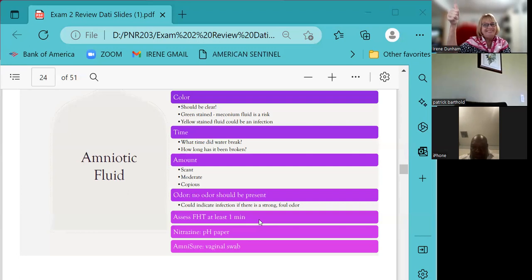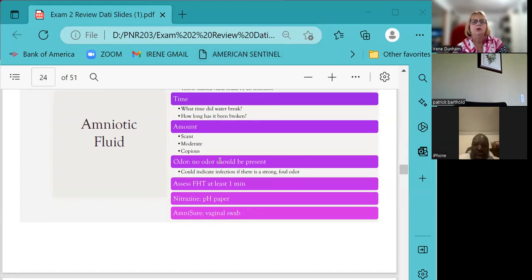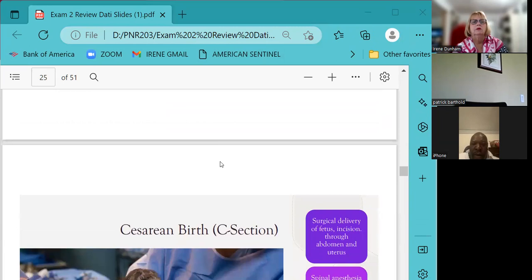She's broken. And then I can also do what we call an amniosure, which is another way of knowing if the bag of water is broken. It's a vaginal swab. But nitrazine paper is much easier, and everybody can do it. All right. So that's about the amniotic fluid.